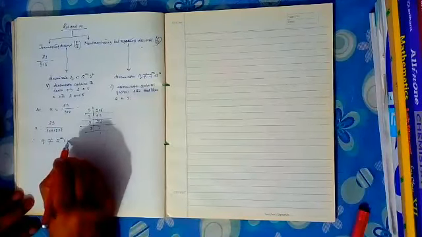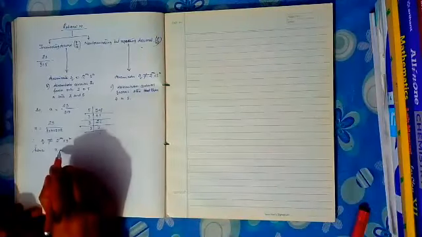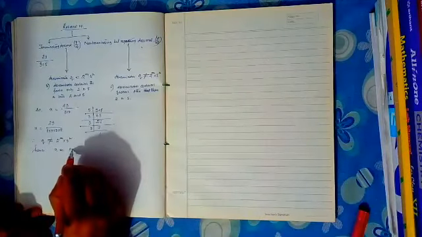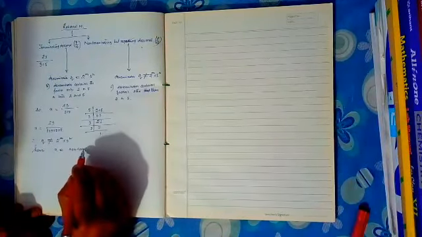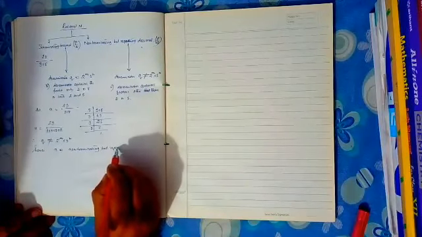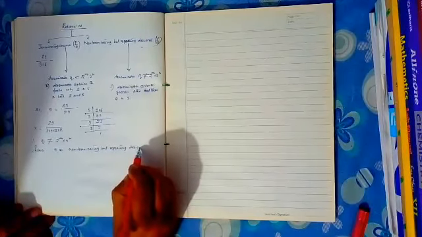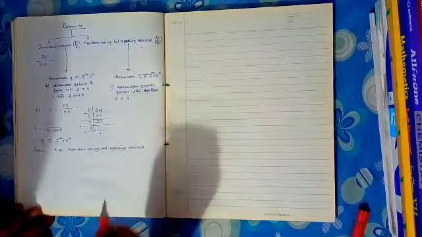Hence x is non-terminating but repeating decimal, if the rational number is converted to its decimal form.